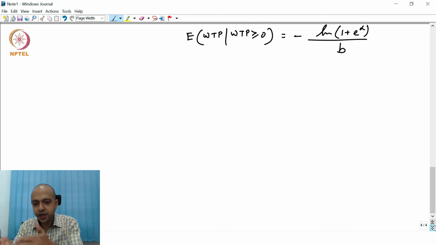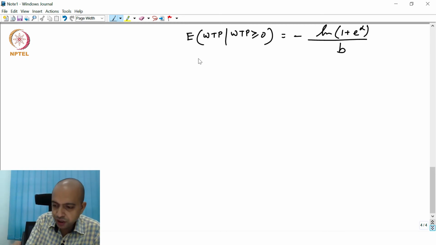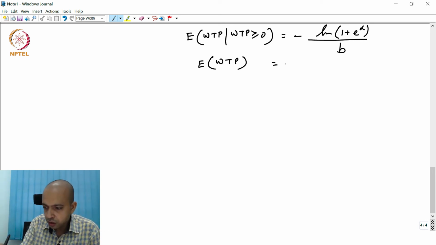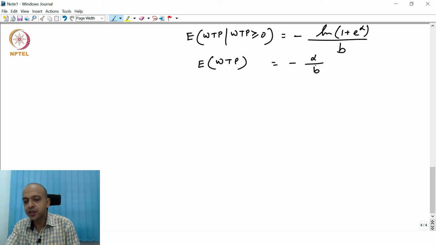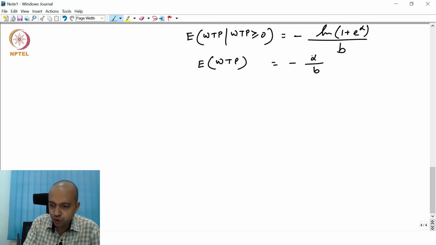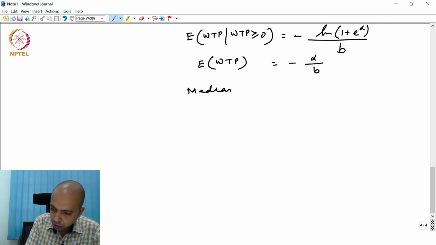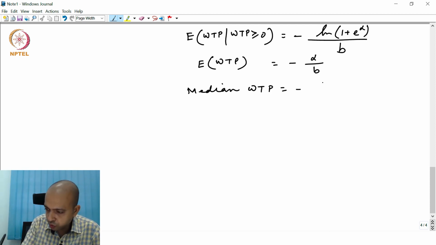So this is the conditional mean, and if you simply estimate the unconditional mean expectation, that is nothing but minus alpha by b. This alpha is the grand mean we have estimated earlier. Similarly, the median WTP is also equal to minus alpha by b.